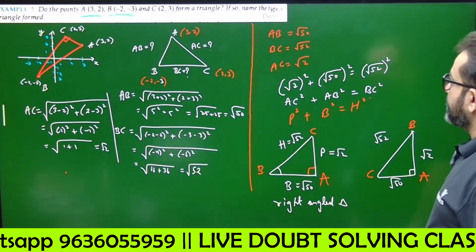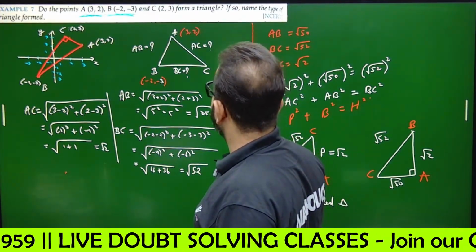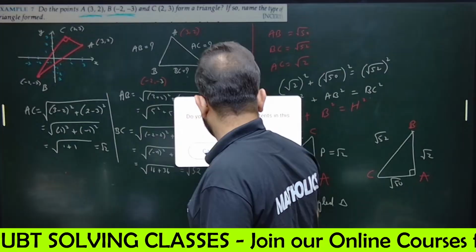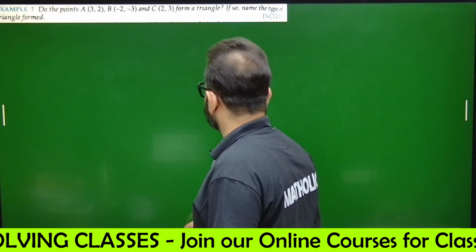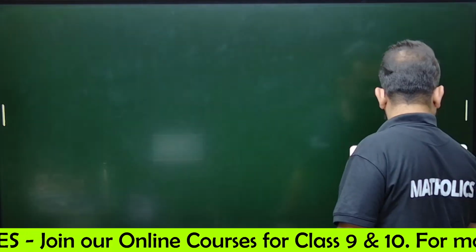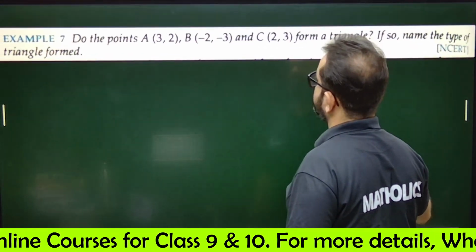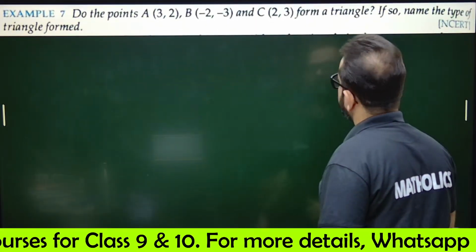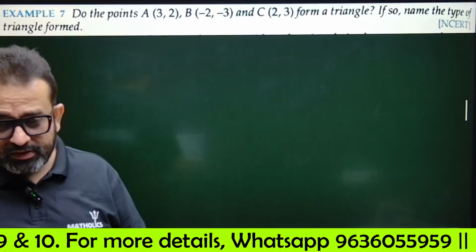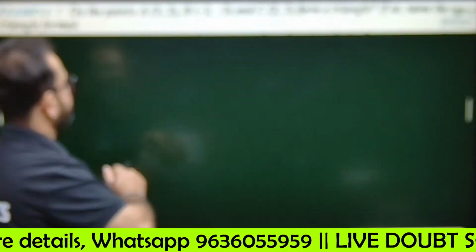Next question. Do the points form a triangle? If so, name the type of triangle formed. This is an NCERT question. Good question, huh? All questions are good. What does the question say?